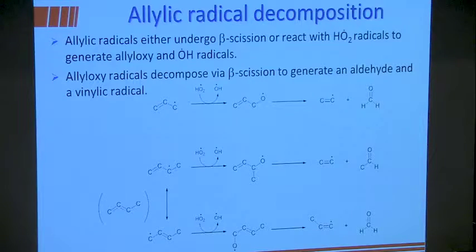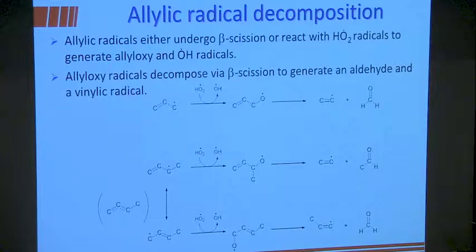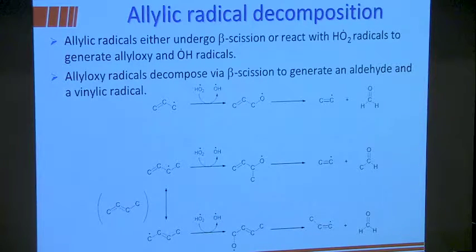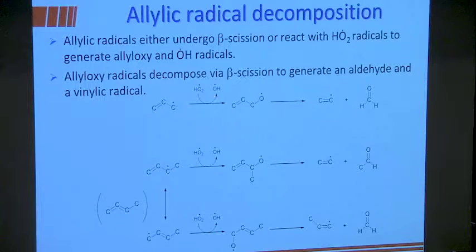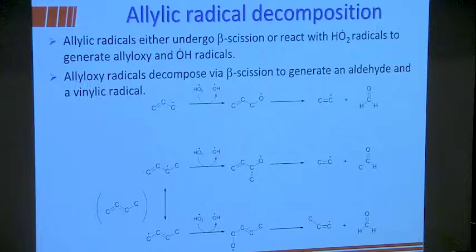In the case of allyl radical, you get vinyl radical plus formaldehyde. And that's how we oxidize allylic radicals, typically by reaction with HO2. So again, it just shows the importance of the HO2 radical, converting HO2 into allyloxy plus OH, a conversion of HO2 into OH radicals.